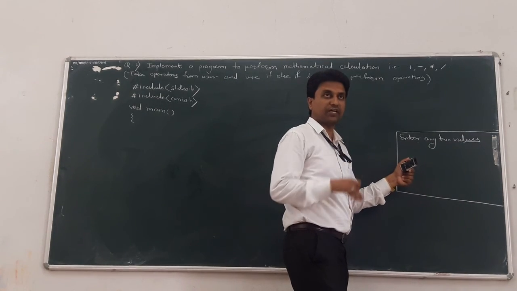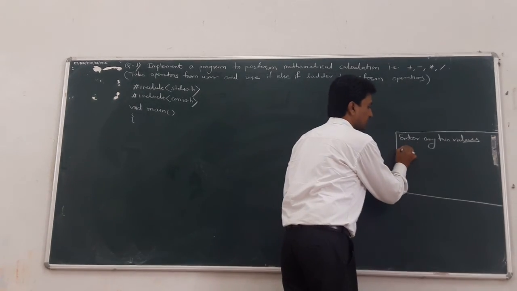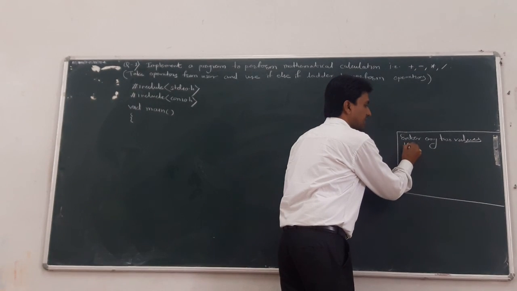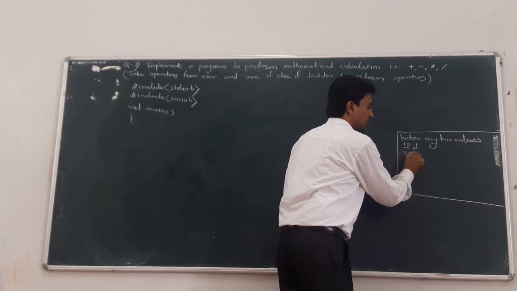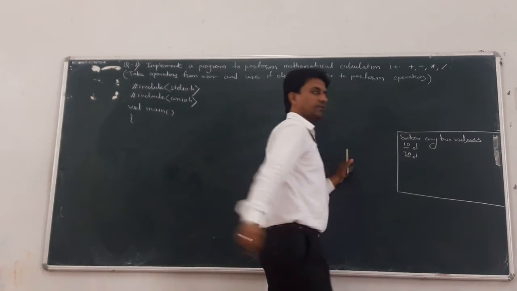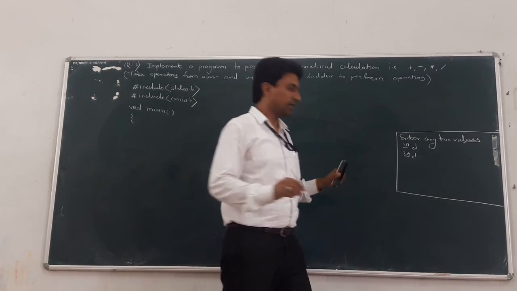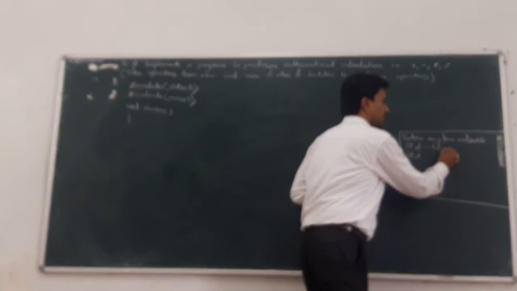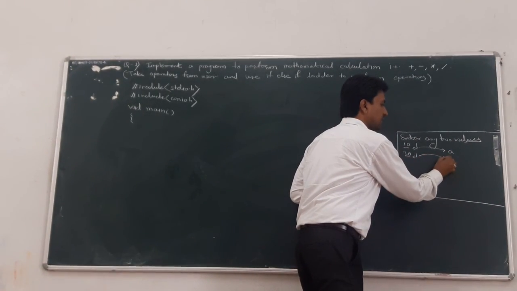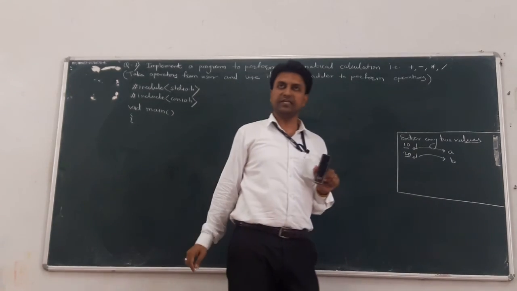Take the values of operands from the user. Suppose the first operand, the user enters 10, press enter. The user enters 20, press enter. So take two operand values from the user. Clear? Suppose this value is saved in variable A, this second value is saved in variable B.